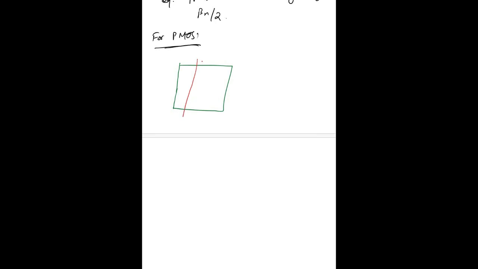We have the same diagram where we had two gates, then these terminals connected together, and then we had our output connected here. So these two gates are parallel connected. The length of both gates is L and L. The width is WP, and obviously the voltage at both gates is Vm.